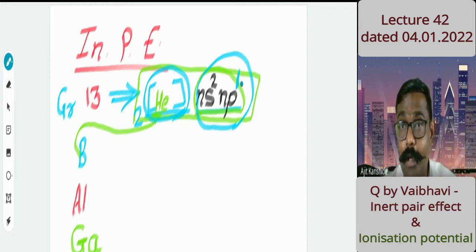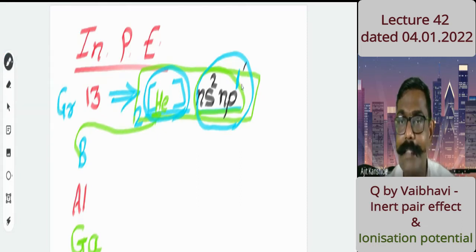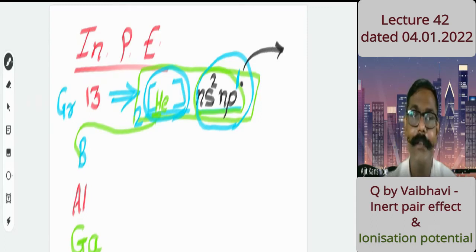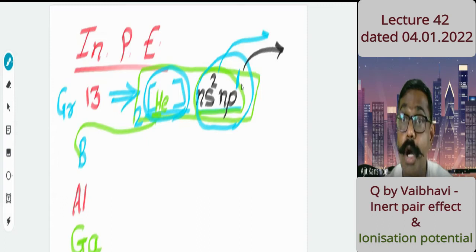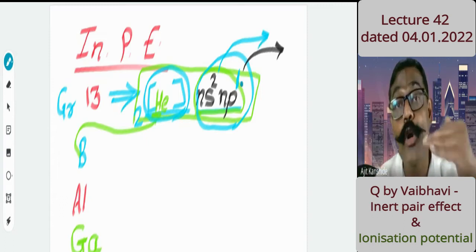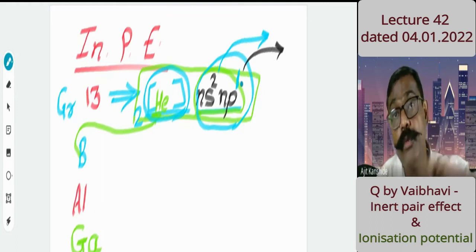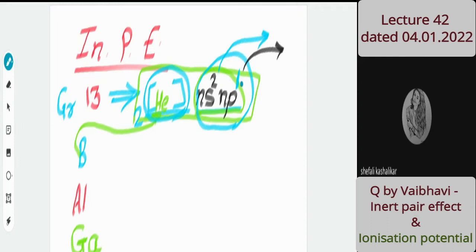First, which electron will go out? Electron from the last orbital, that's the np electron, will go out. Then electron from ns will go out. Means the sequence of going out, I am saying. Sequence of ionization, sequence of removing the electron about which I am talking. Are you following what I am saying? Yes, sir.